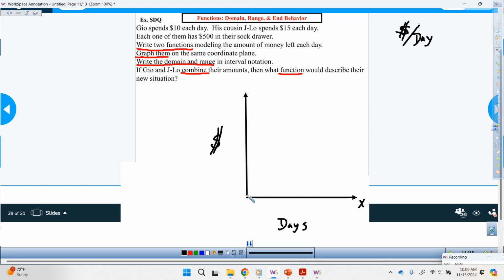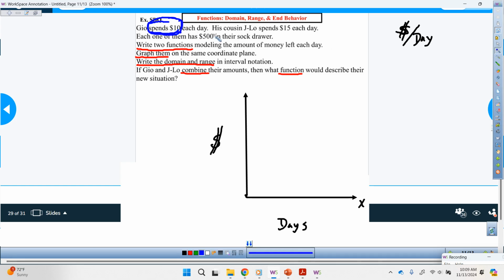All right. So start with Gio. In blue, box any important numbers. Well, for Gio, the important number is that he spends $10. So I'm going to circle that, $10. So he spends $10 each day. Okay. What else is important for Gio?